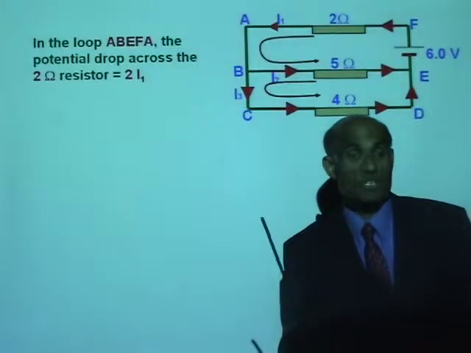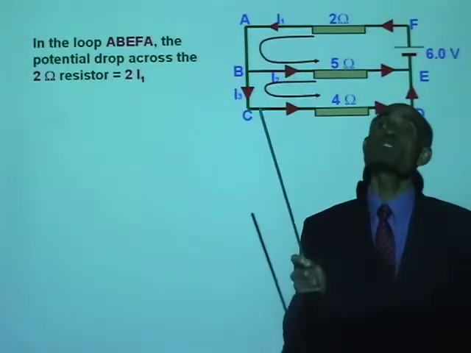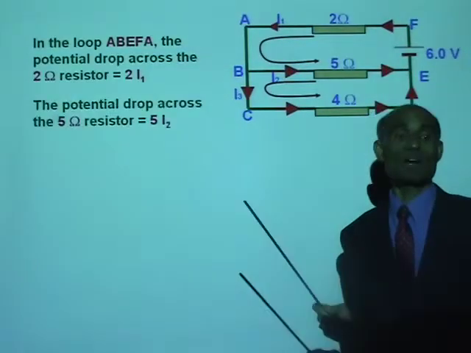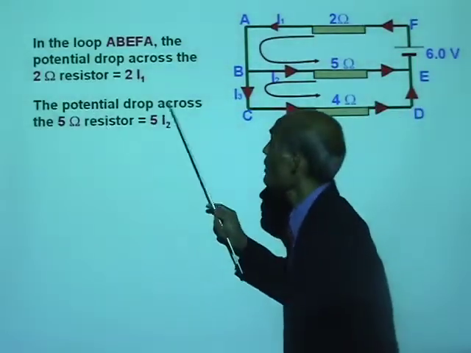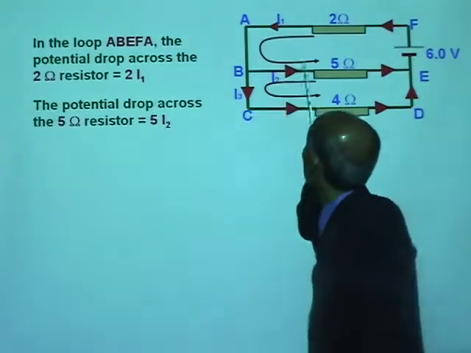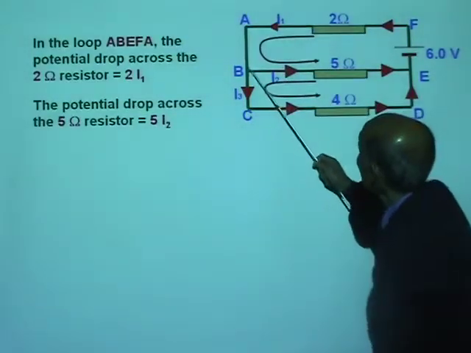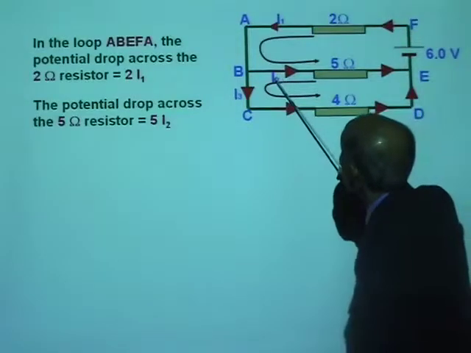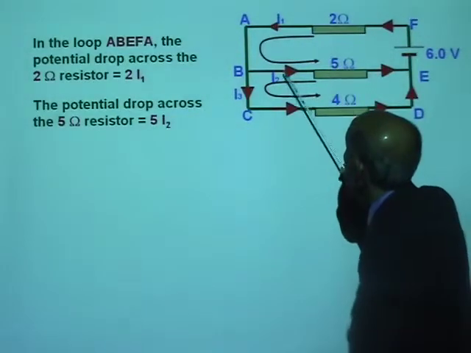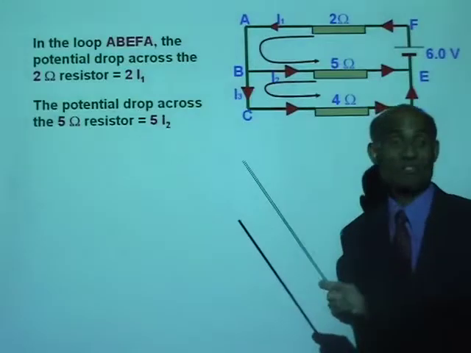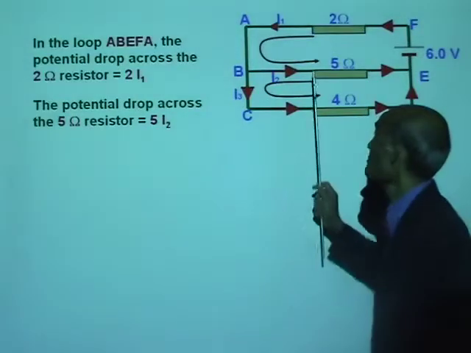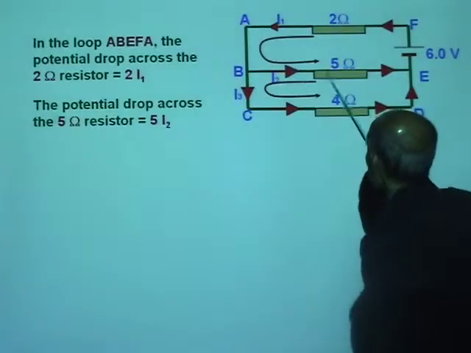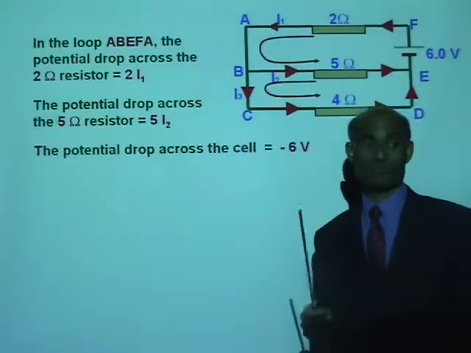That is positive because the direction in which the loop is traced is the same as the direction of the current. The potential drop across the 5 ohm resistor will be 5 times I2, the resistance times the current. Will that be positive or negative? It is positive because the direction of the current and the direction of the loop are the same.